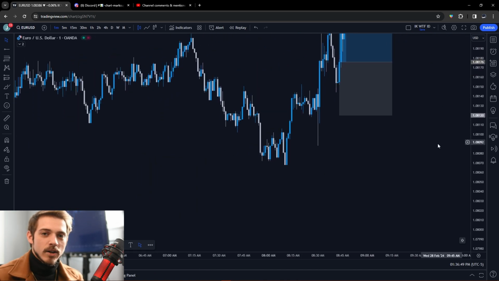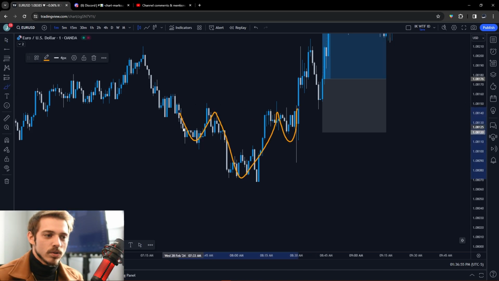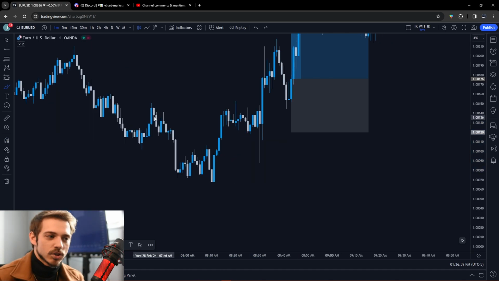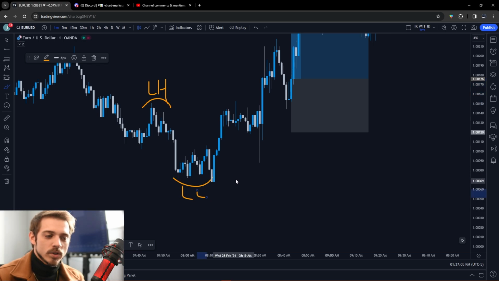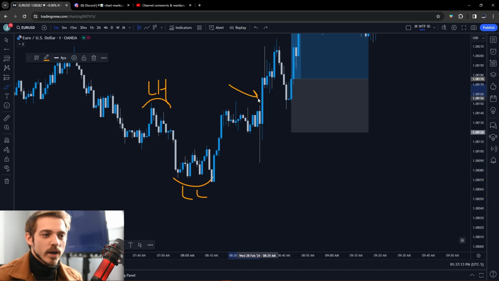So the first thing that I notice is that this is indeed an inverted head and shoulders. We have the right shoulder, the left shoulder and the head. And I also notice that we break structure. This is our last lower high, and then this is our last lower low. And once again, we know price needs to stay beneath this lower high for this downtrend to continue, which doesn't happen when it breaks right here.